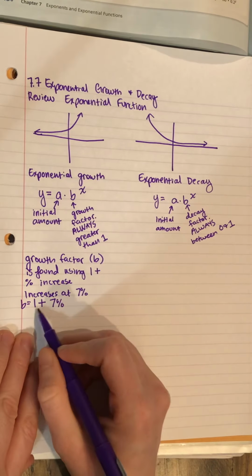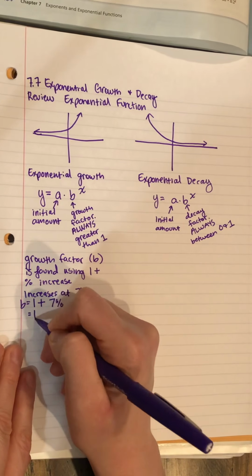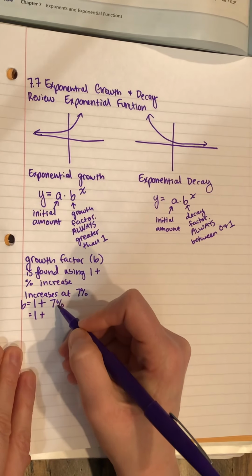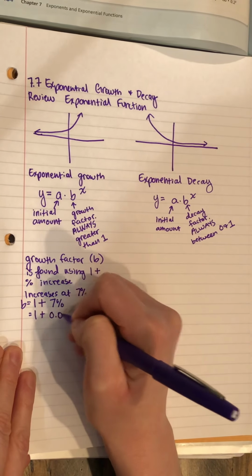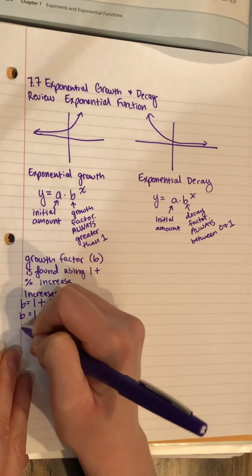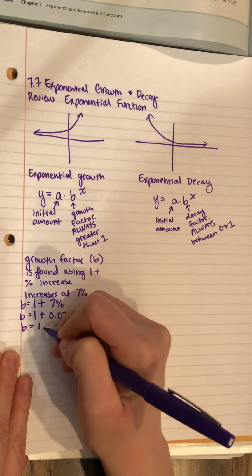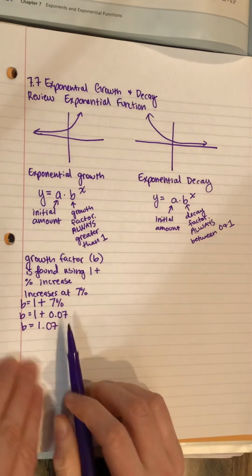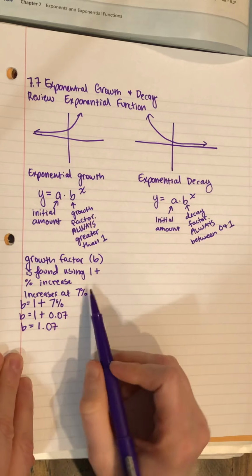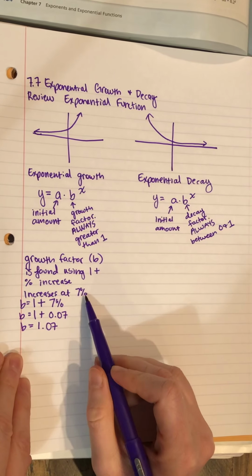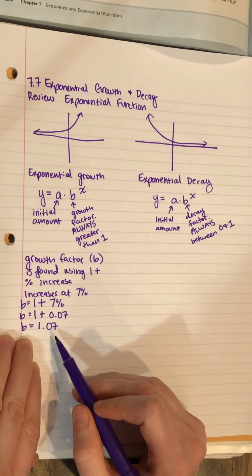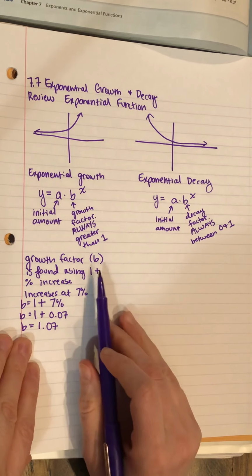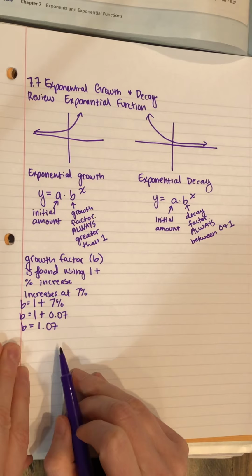But we never add percents and numbers together, so we would first have to turn that 7 into a decimal by moving the decimal point 2 places to the left. So b equals 1.07. Okay, you see how that works? So if something increases at 7%, you turn 7 into a decimal and you add 1 to the front of it. Okay, that's how you figure out what b is given what the percent is.